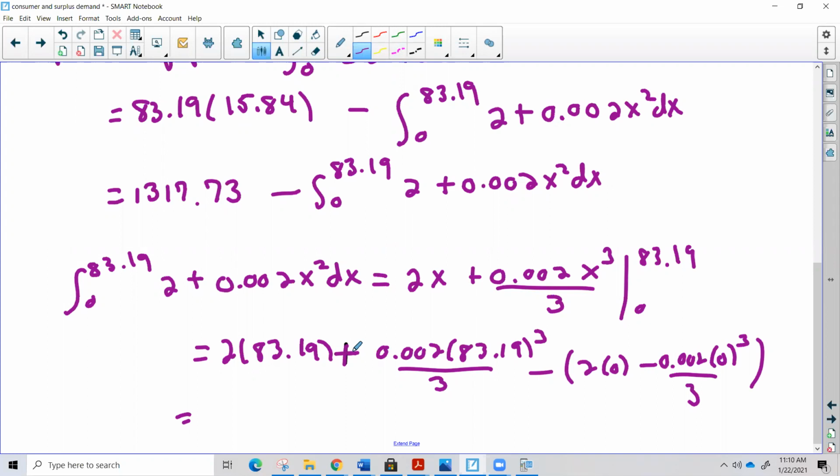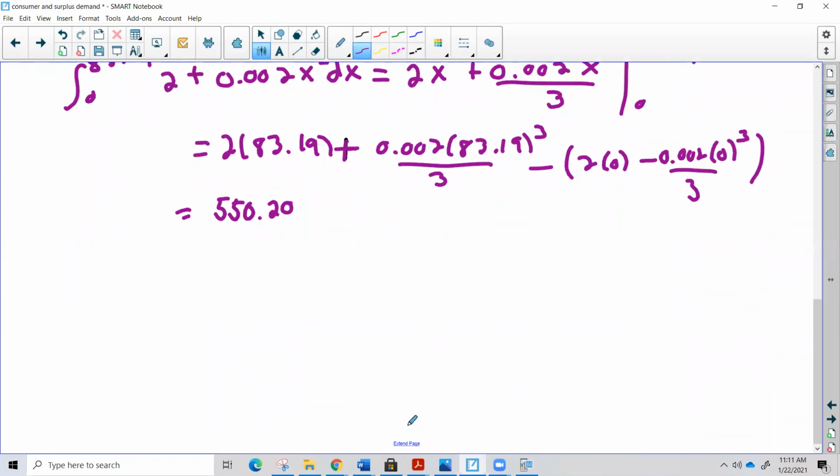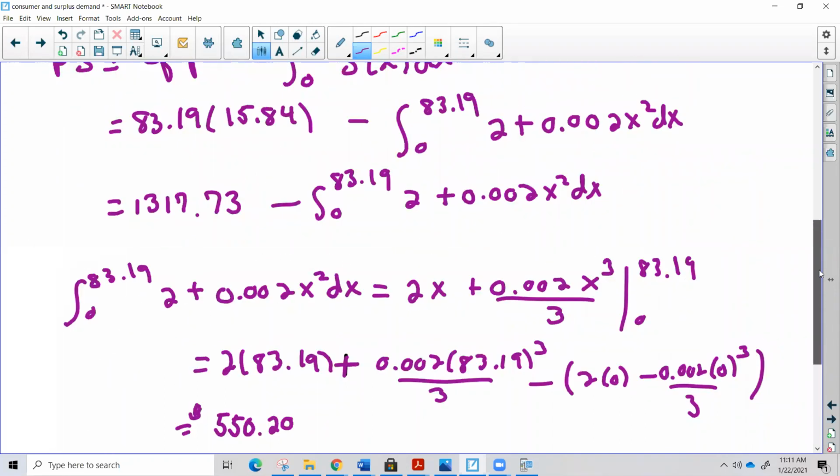Sorry about that. And then I get 550.20. If I round to 2 decimal places, it's like 550.195. And then I'm going to go back to my producer surplus formula and plug that in for my integral.